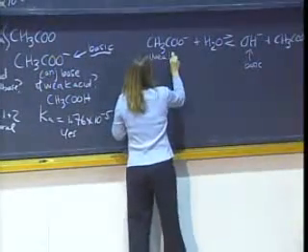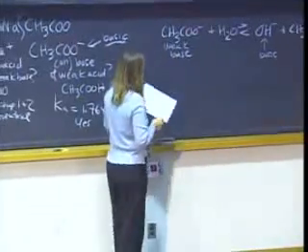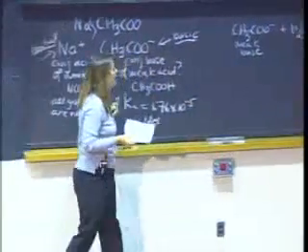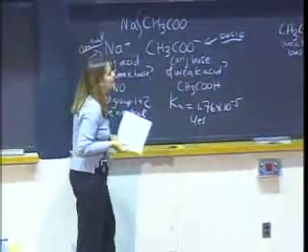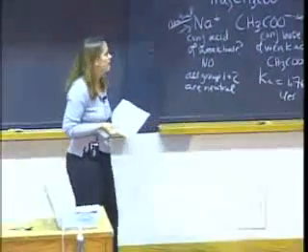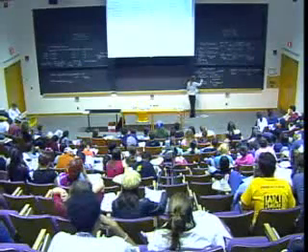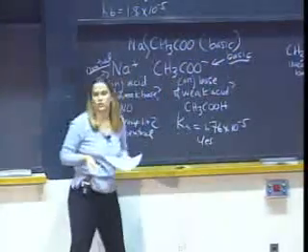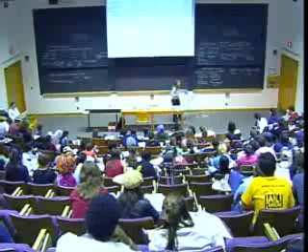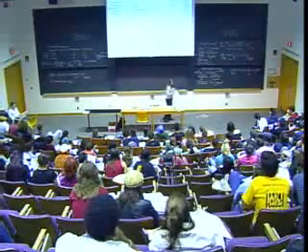So this is a weak base on this side. If you were asked, given an amount, you could solve the problem using the Kb of the weak base, solving for OH−, finding pOH, and then pH. So overall, this salt in water would give rise to a basic solution, with a pH greater than 7.